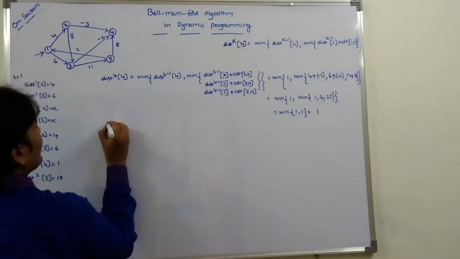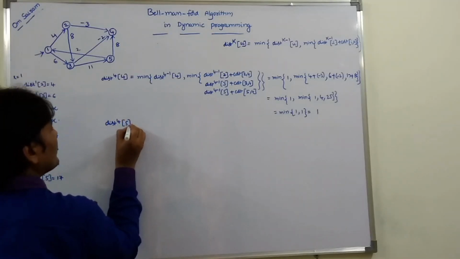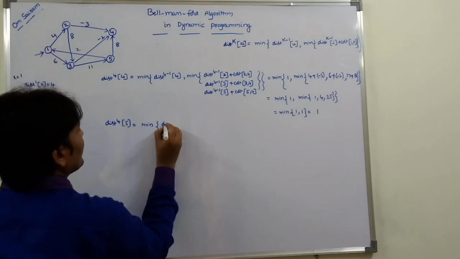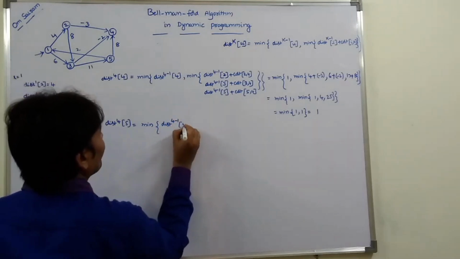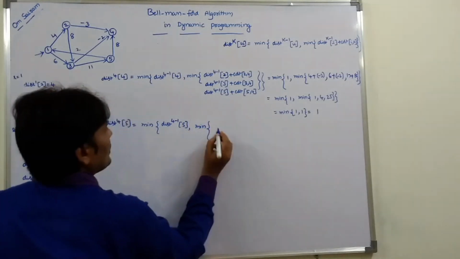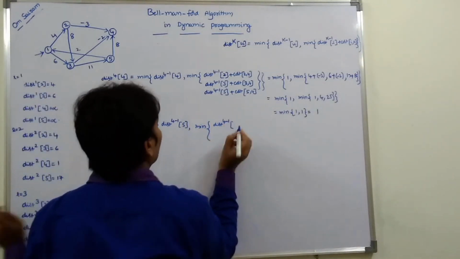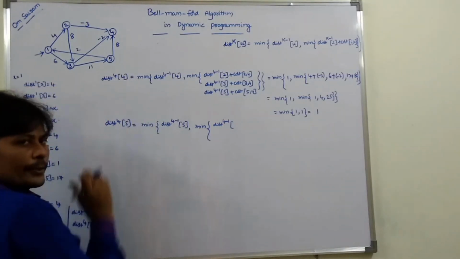Next, DIST 4 of 5 is equal to the minimum of DIST 4 minus 1 of 5, comma, the minimum over I of DIST 4 minus 1 of I. What are the I values except this vertex and the source vertex?